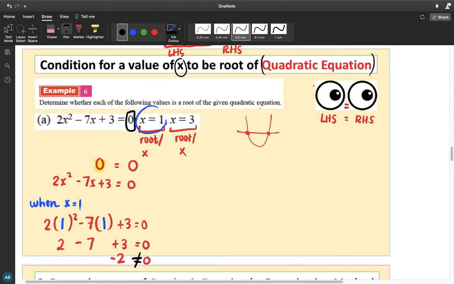So we didn't get the left side equal to the right side. That's not right. So once we have this conclusion, we know that x equals to 1 is not a root for the quadratic equation 2x squared minus 7x plus 3 equals to 0.